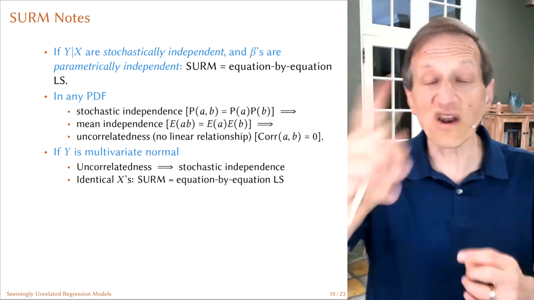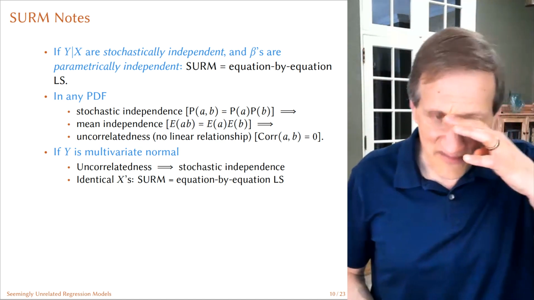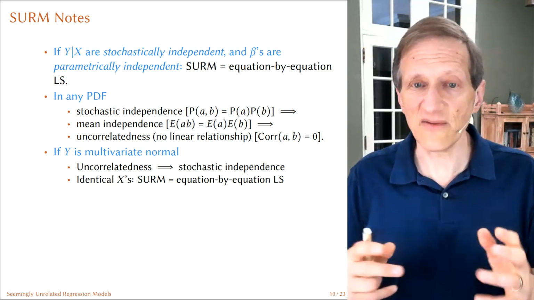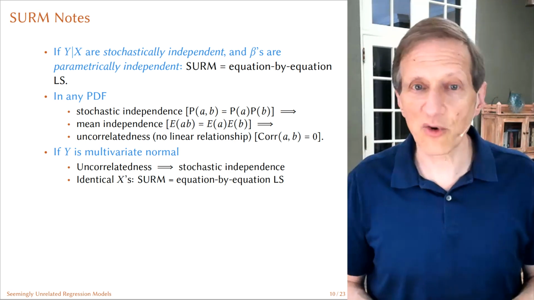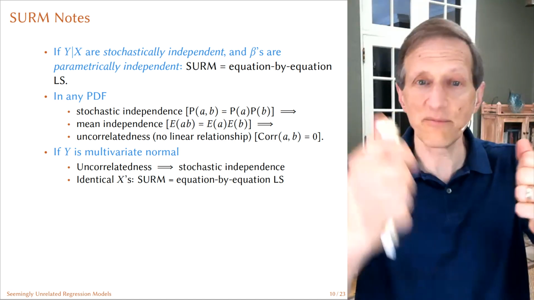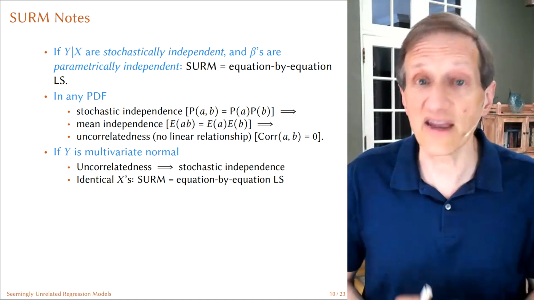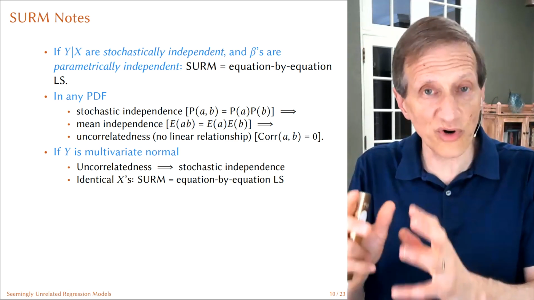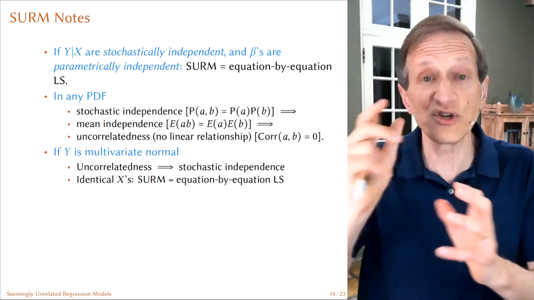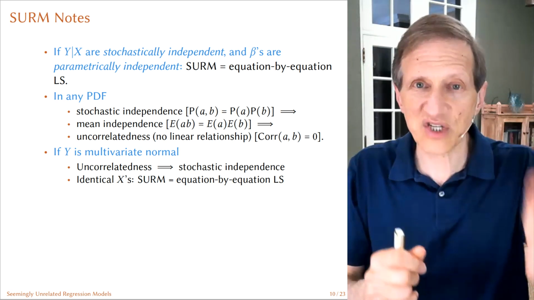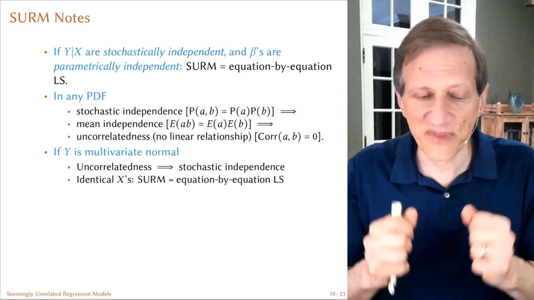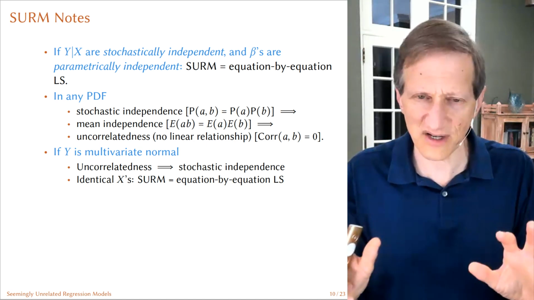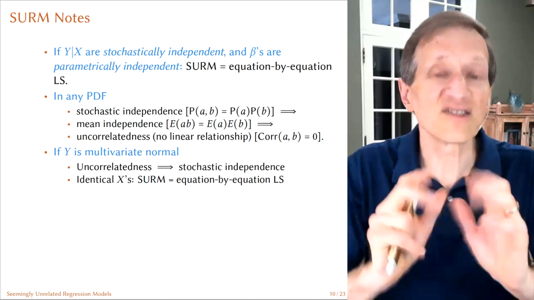Okay. One other fact. This is an interesting fact. It works out this way. In addition to the fact that SURM is equal to equation by equation least squares with stochastic and parametric independence, there's another case, and that is the case of identical x's. So if the x's that you put in to predict y, to predict the Democratic proportion of the state legislature and state senate, if those x's are exactly the same, regardless of parametric or stochastic independence, then you get exactly the same answer.